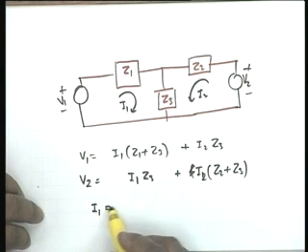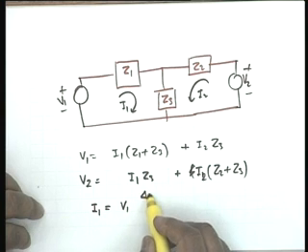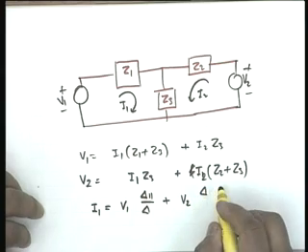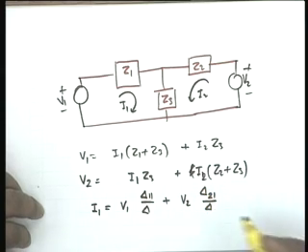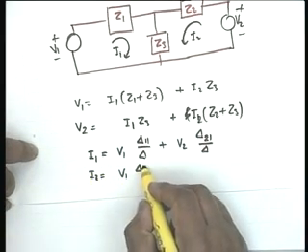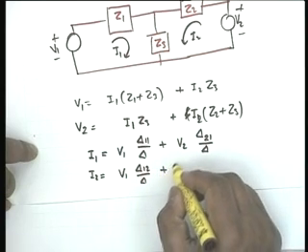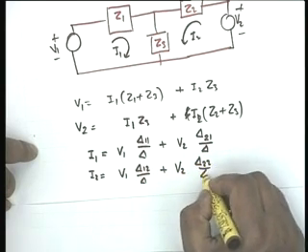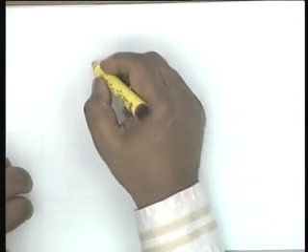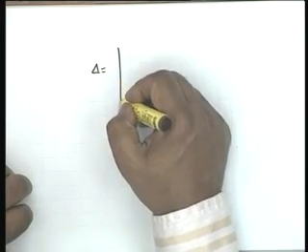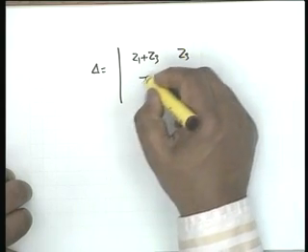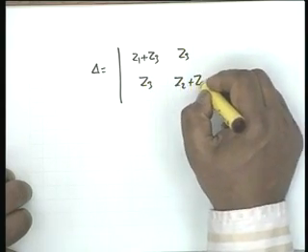I1 obviously is V1 del 1 by del plus V2 del 2 by del. This should be remembered, and the current I2 is V1 del 2 by del plus V2 del 2 by del, where del is the determinant of the impedance matrix Z1 plus Z3, Z3, Z3, Z2 plus Z3.